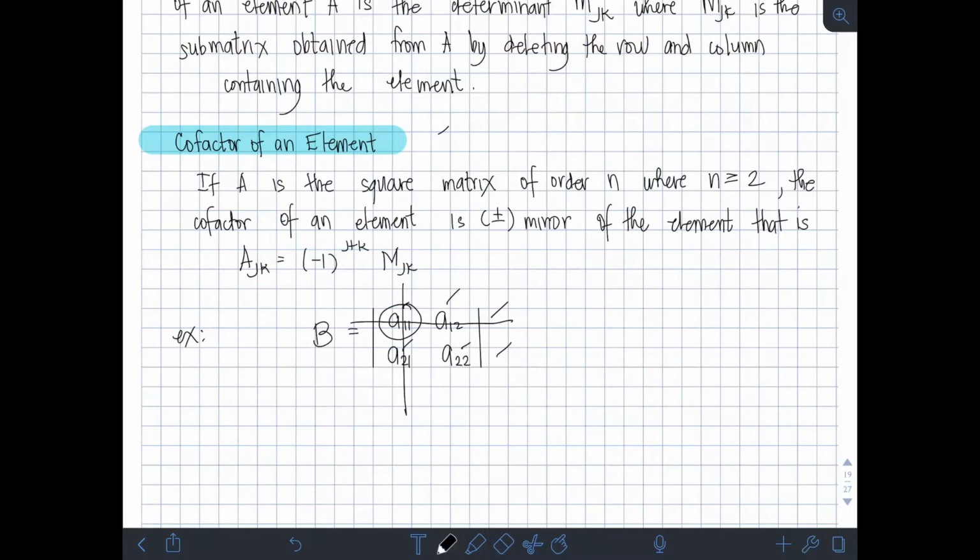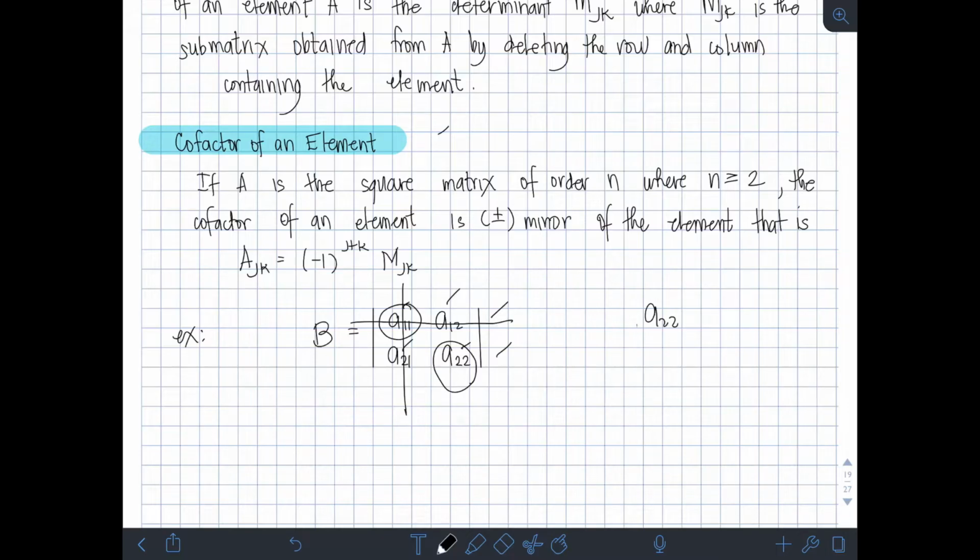Ano yon? Yung hindi kasama doon sa minark natin. Etong a22. So, therefore, yung natirang a22, yung minor niya is kukuhain natin yung determinant. Okay? Kaso dahil isang element lang naman siya, automatic, yung value ng determinant natin na to ng a22 is pareho lang. a22 pa rin. So therefore, a22 yung minor nung element a11.